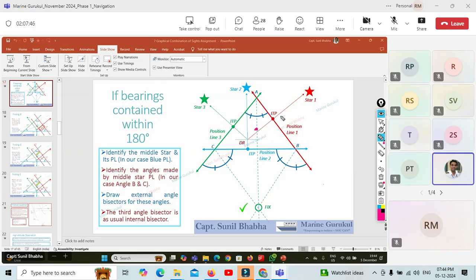Now what happens is, if you consider star 1, going from the PL to the fix, you are going away from the body. Right? Agree? Yes, sir. Okay. Test it with green star. From the green PL, if you go towards the fix, you are going away from the body. So it works well with the green star also.